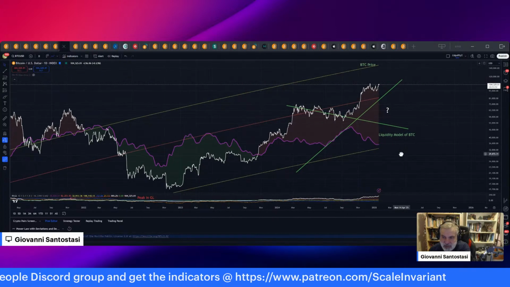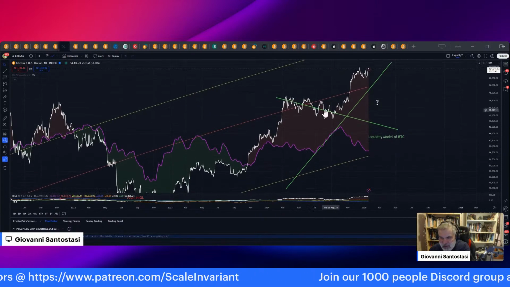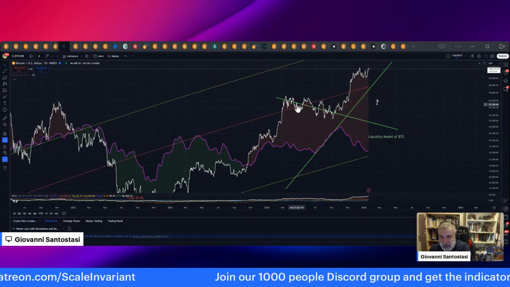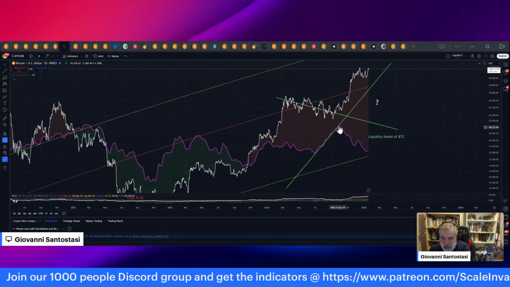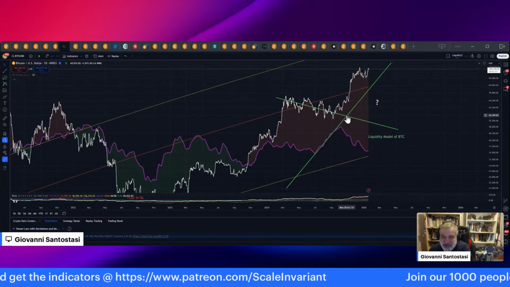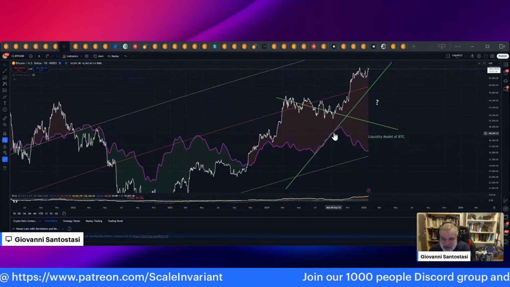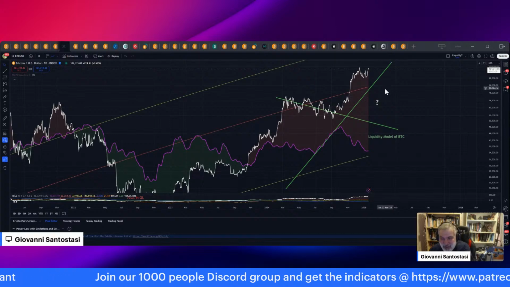Because basically what happened, and I have explained this many, many times, is that for some time it looked like they were going to cross, because the price was correcting and the liquidity was growing. And then, instead of crossing here as I was kind of expecting, they went in the opposite direction.